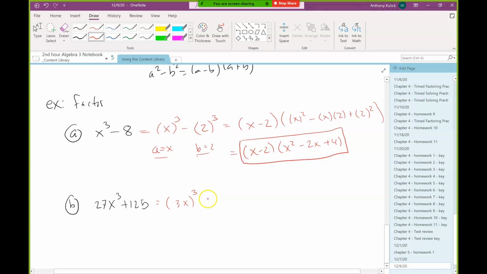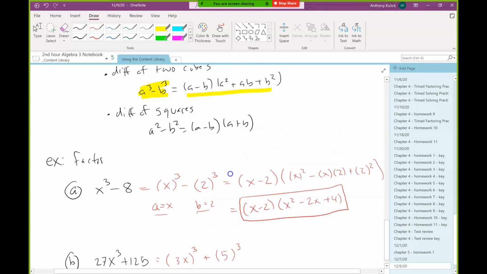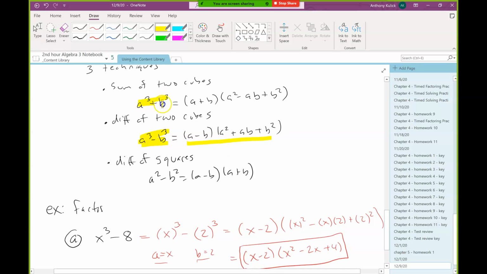Then I should look at 125. Well, I know 5 times 5 is 25, and 25 times 5 is 125. So I know that 125 is 5 cubed. So I know I have a is 3x. And the situation I'm in is the sum of two cubes factoring pattern. So I'm just going to plug those values for a and b into that factoring pattern.